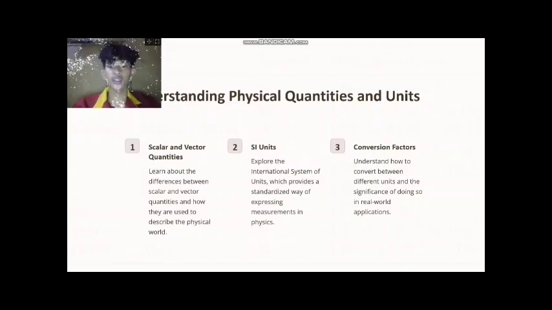Explore the International System of Units, which provides a standardized way of expressing measurements in physics. Number 3. Conversion factors. Understand how to convert between different units and the significance of doing so in real-world applications.